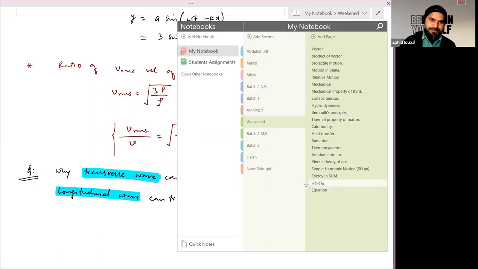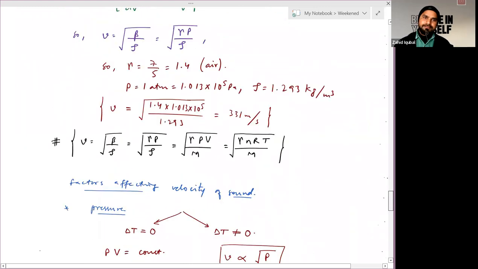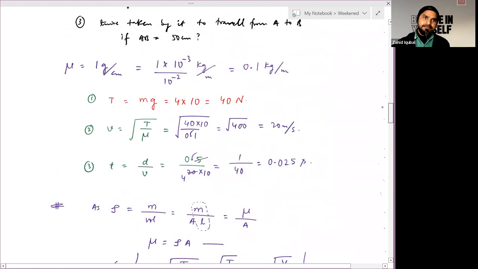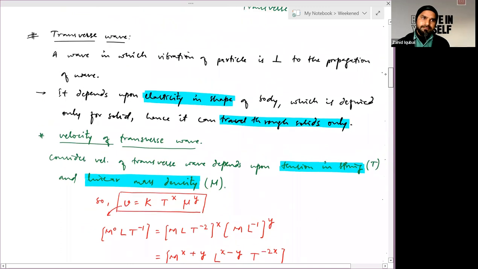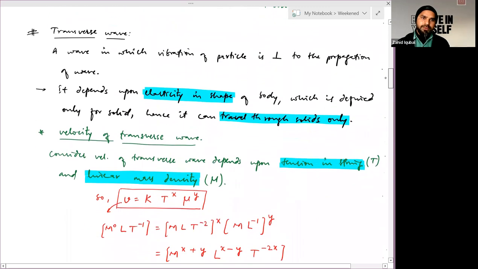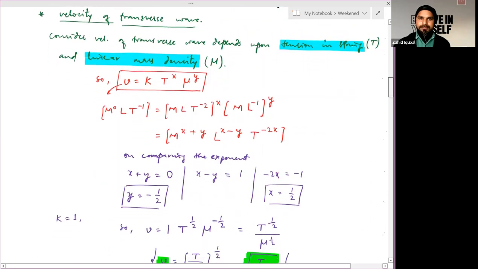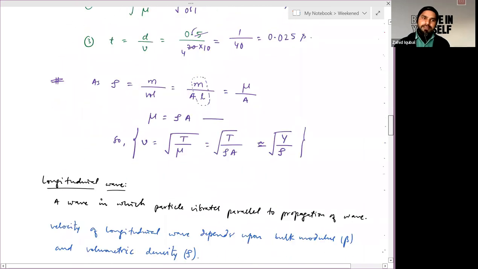Just let me show you. This is transverse wave, which depends upon elasticity in shape. That is Young's modulus. And Young's modulus we can define only for solids.